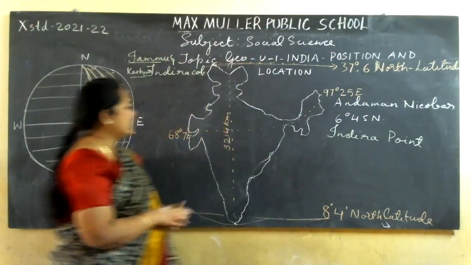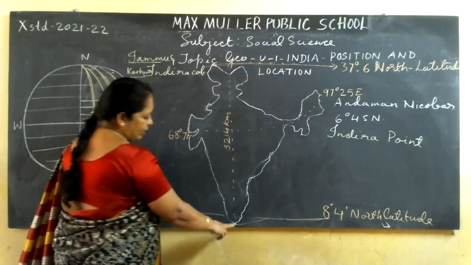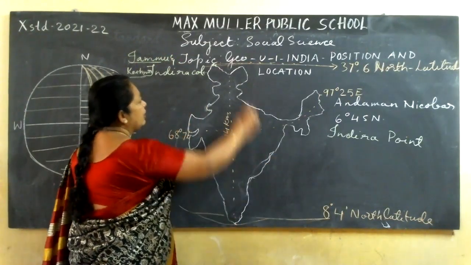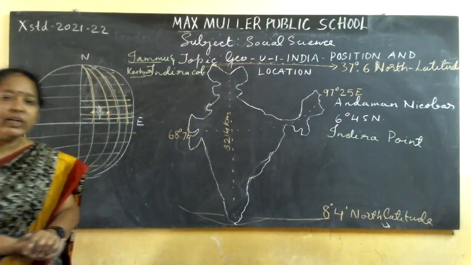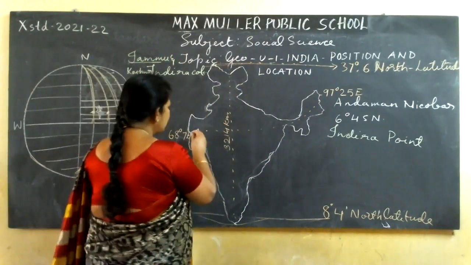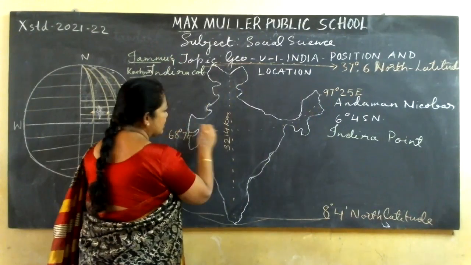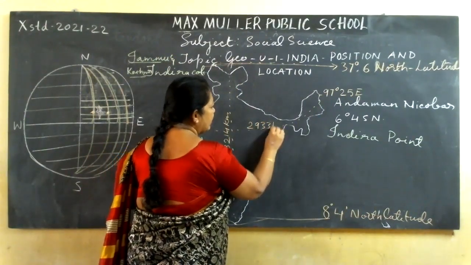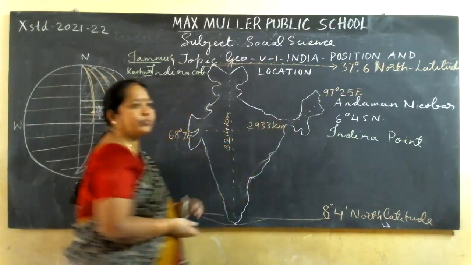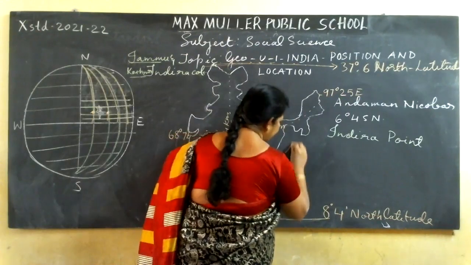Followed? And next, we see the kilometers from Kanyakumari. You see from here to here, it is 3,240 kilometers. And from Rann of Kutch till Arunachal Pradesh, it is 2,933 kilometers. Followed? And area of India.